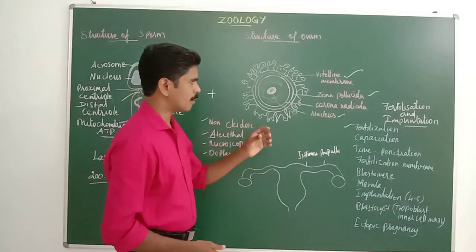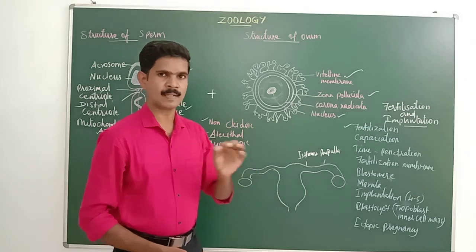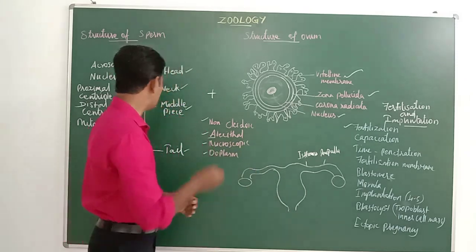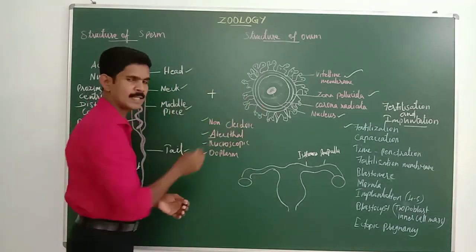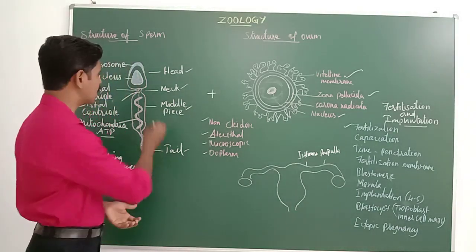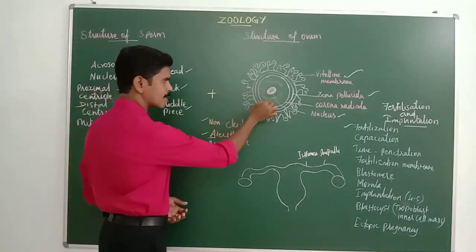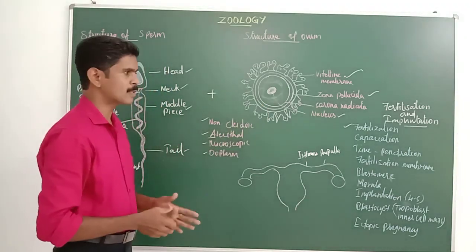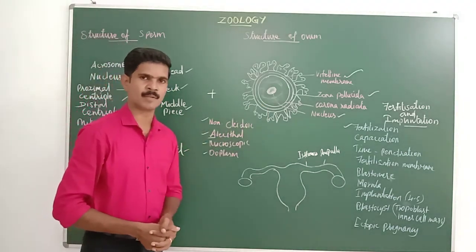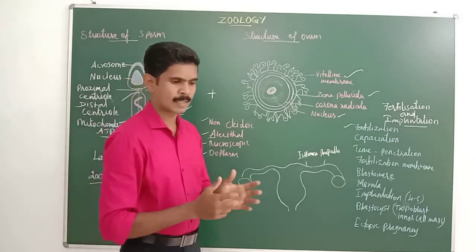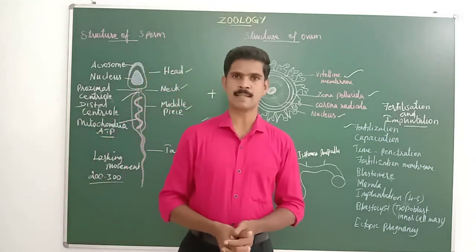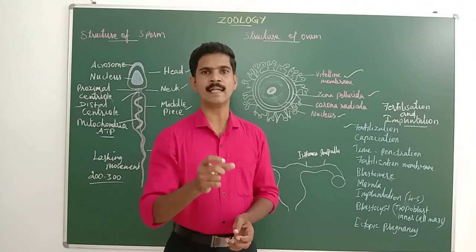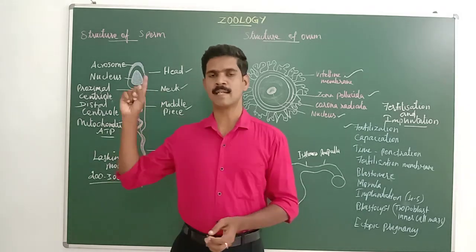Understand? And for this fertilization process, as I already told you, the sperm should reach inside the egg. The nucleus of the sperm should enter inside the cytoplasm or the ooplasm of the egg. This process is called capacitation. The correct definition of capacitation is that it is a biochemical event that takes place inside the sperm.